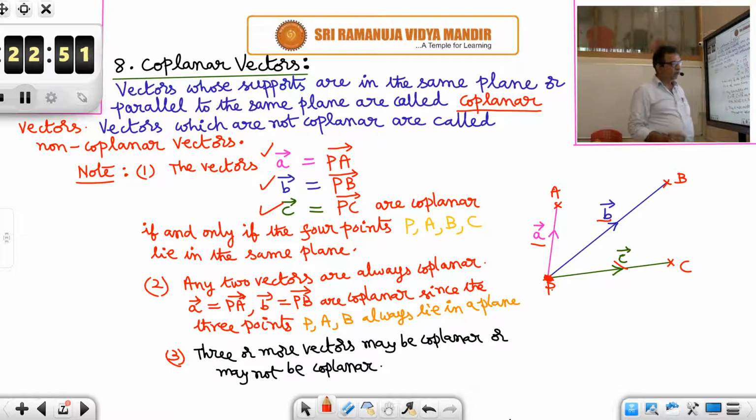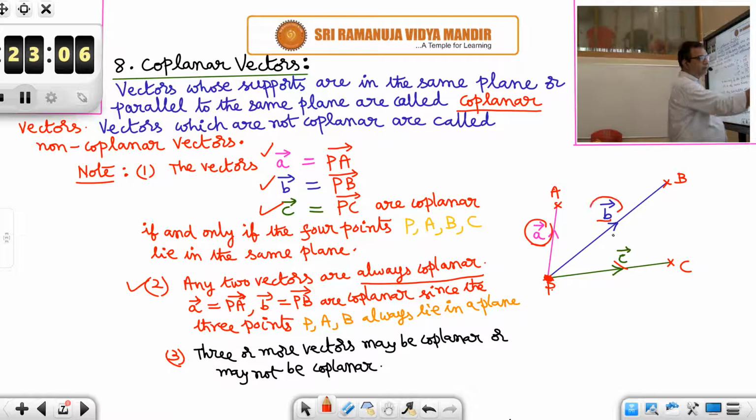Okay. So here, if you take two vectors, any two vectors are always coplanar. Two vectors will always lie in a plane. Suppose we take A bar and B bar only. A bar means PA bar, B bar means PB bar.